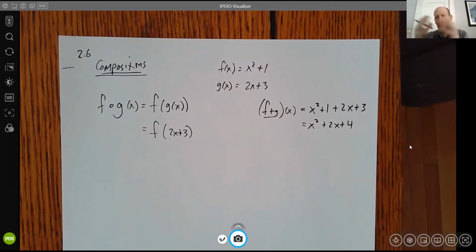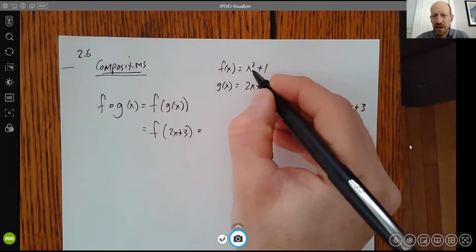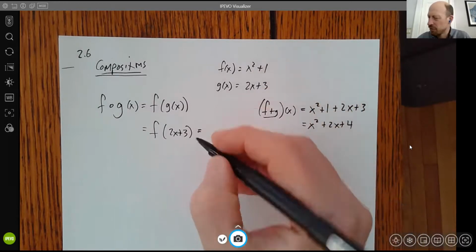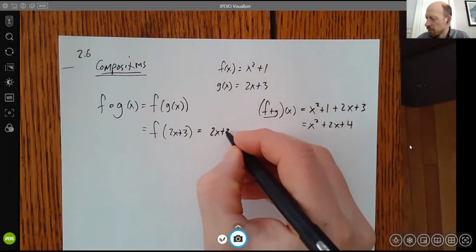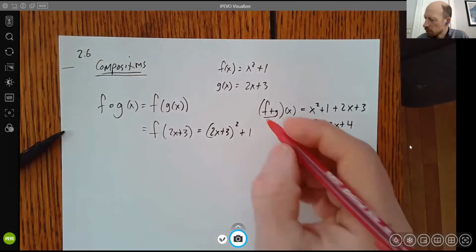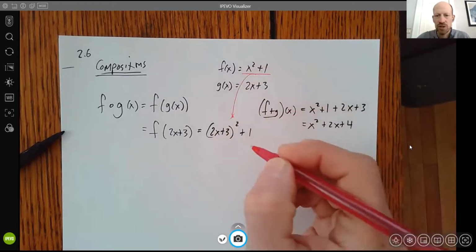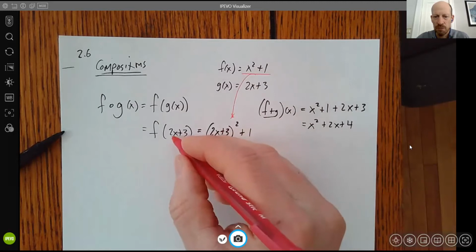The x goes into the function, but here we have this different thing, this 2x plus 3. So when that goes into my function f, instead of x, I have 2x plus 3 squared plus 1. It's the same relationship here, just with a new input.